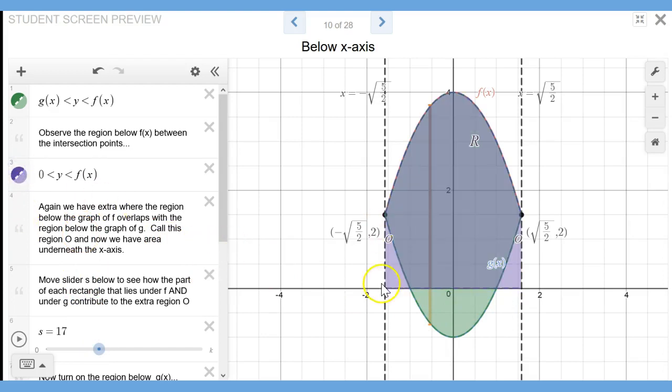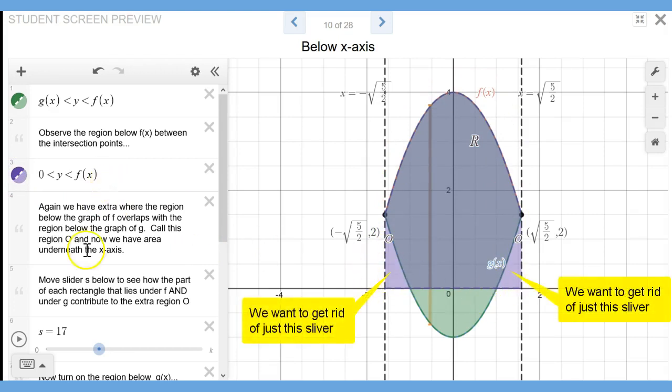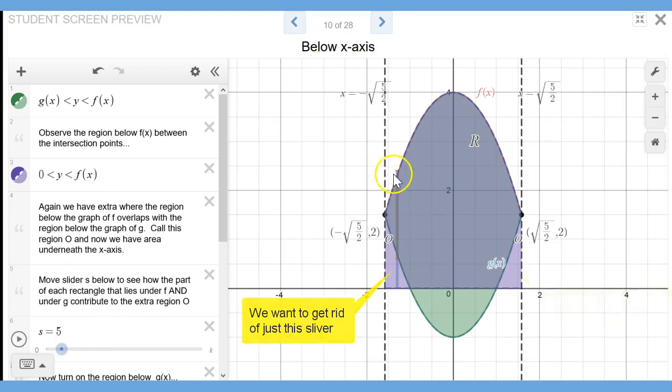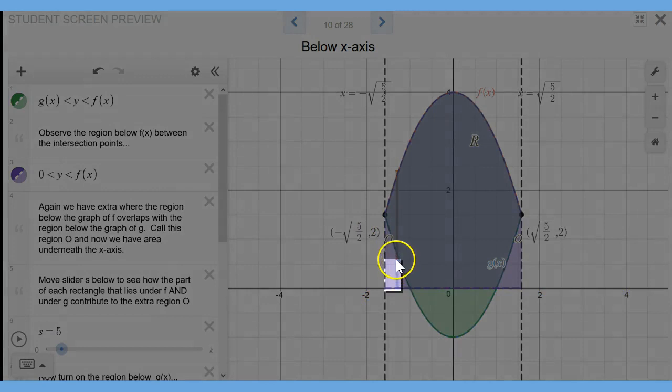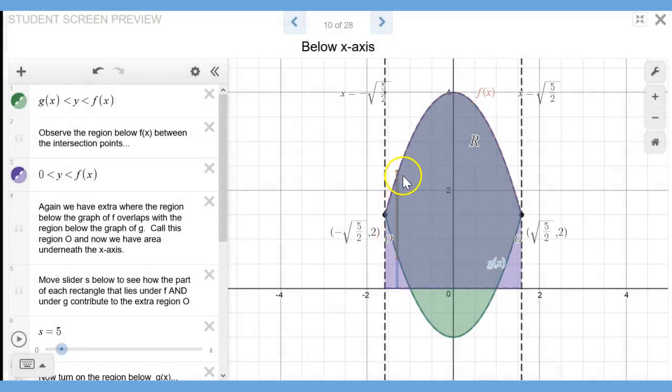Well, again, if we turn on the area under f, we see that for this rectangle here, we want to get rid of that overlap, in the purple area here. So we would take the rectangle under f and subtract the rectangle under g, like we did before.